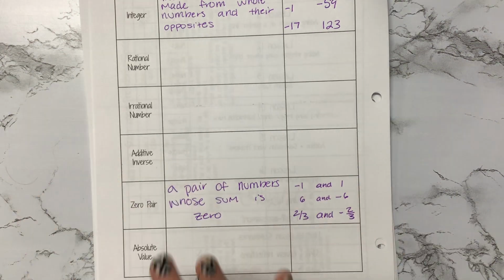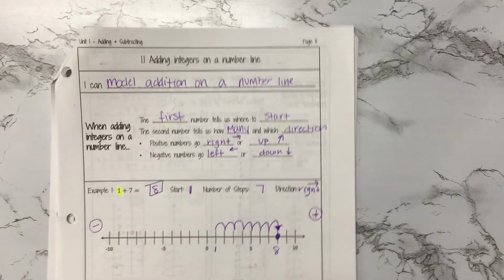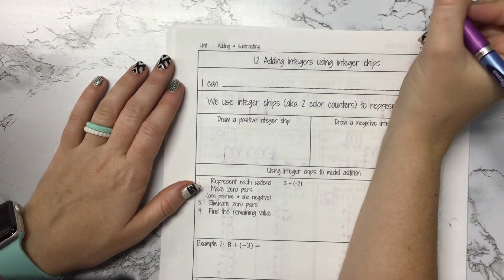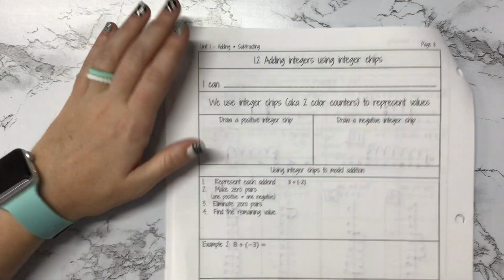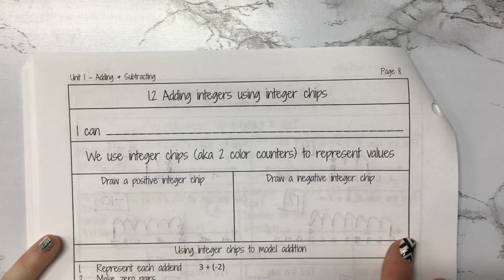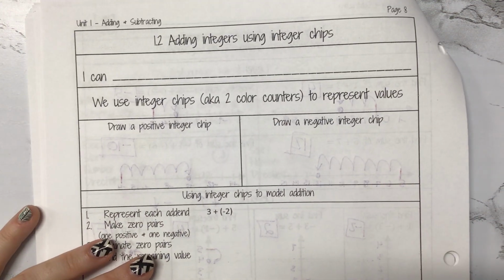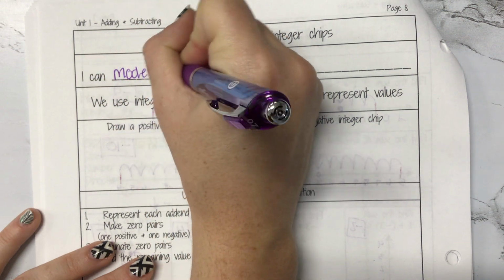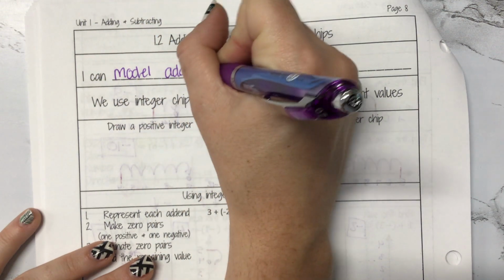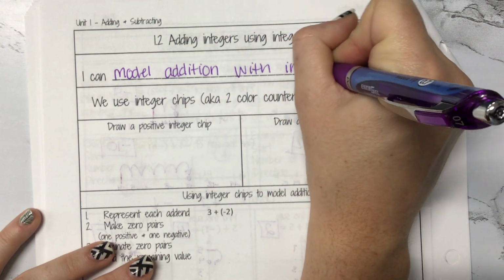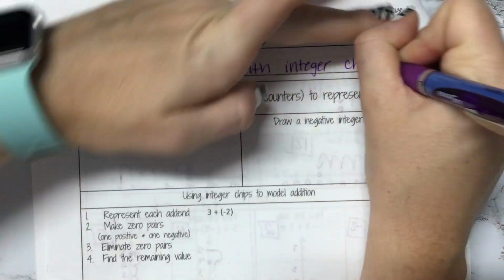All right, let's go over to 1.2. On page 8. Too much zoom. All right, so our I can statement is I can model addition with integer chips.